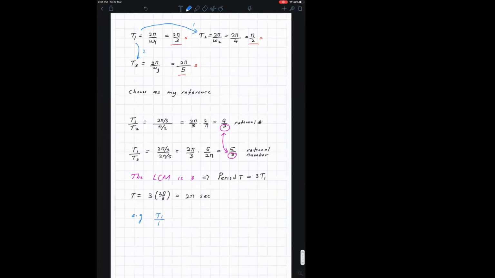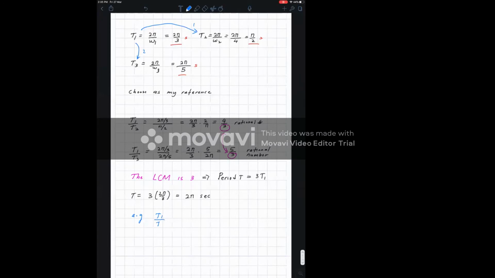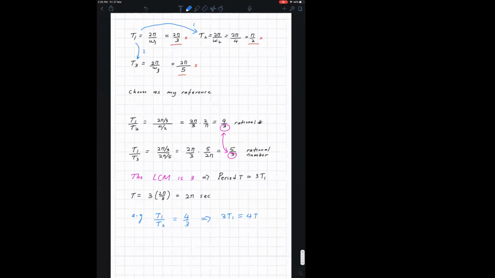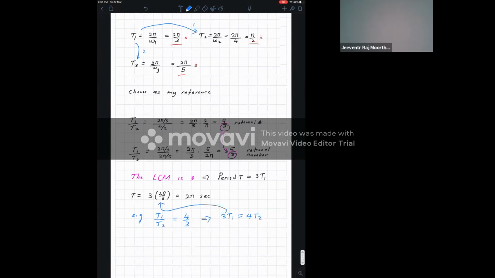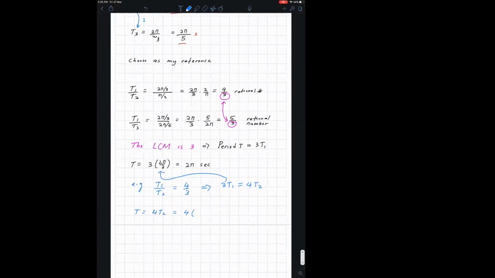So that gives you 3T1 equals 4T2. You already used 3T1 right there. You can also say T can be 4 multiplied by T2. What is T2? T2 is pi over 2. So that also gives you the same answer.